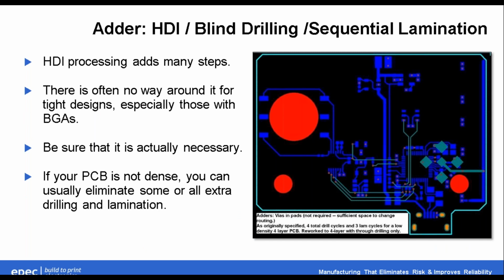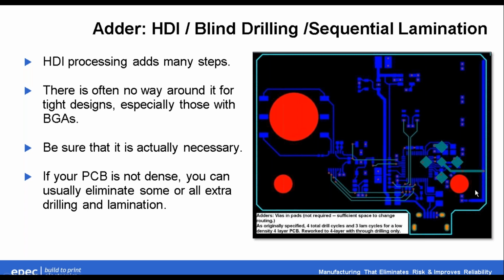One of the clues is if you don't see a lot of copper density on your layer, you probably don't need to be using a lot of blind drilling. You don't have any really fine pitched components on here, and you don't have a lot of circuitry that would interfere with placement of regular through-hole vias, so why not use that space?